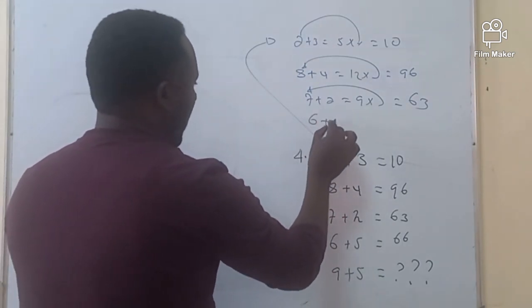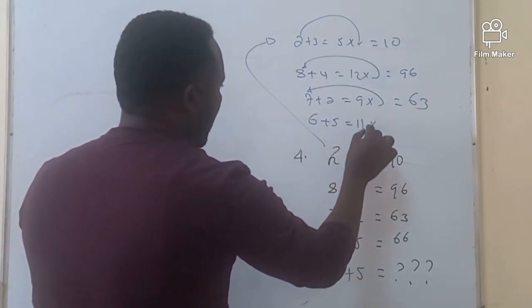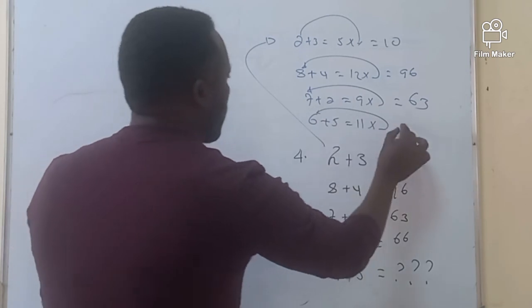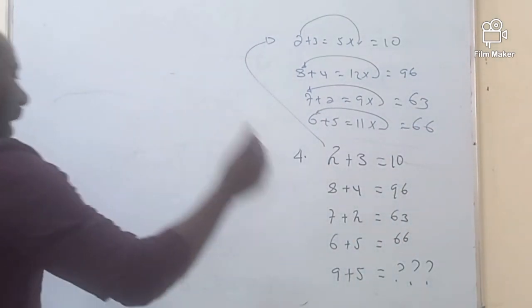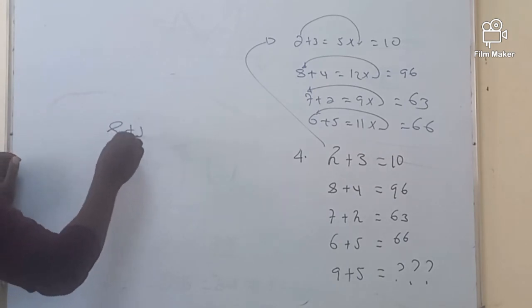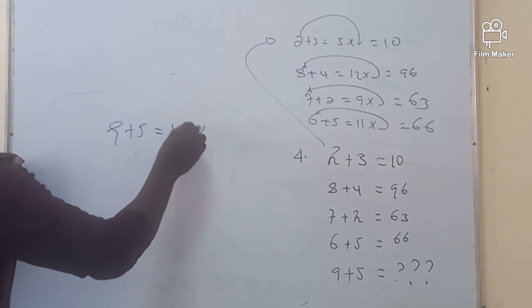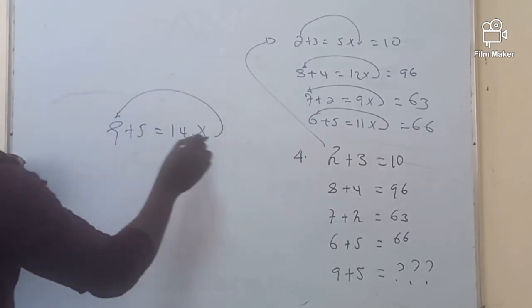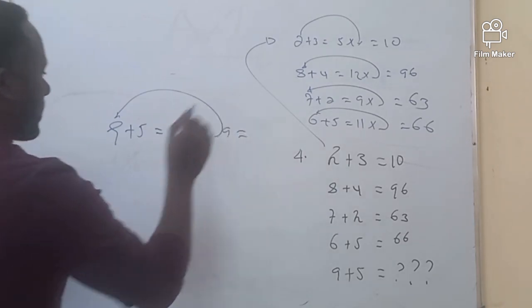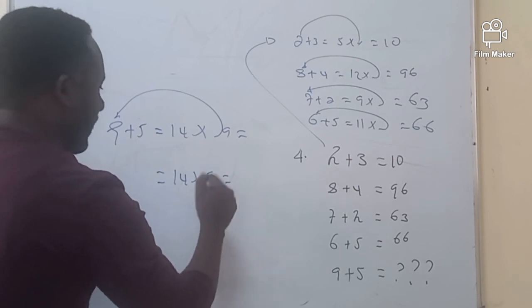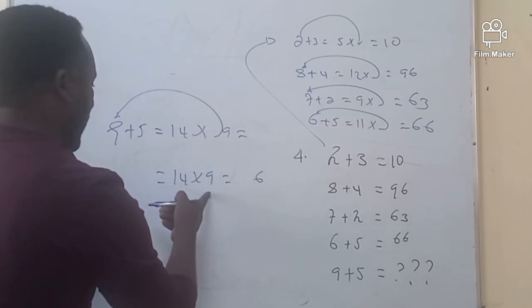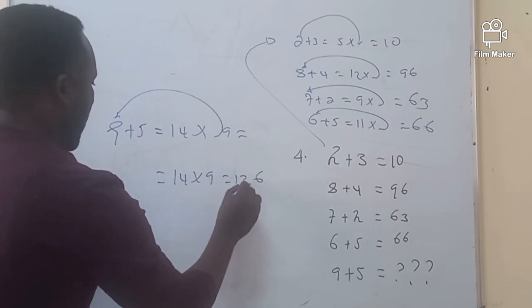Then 6 plus 5 is exactly 11, and 11 times the first number is 66. Then what will be 9 plus 5? 9 plus 5 is going to be 14, and 14 times the first number is 126.